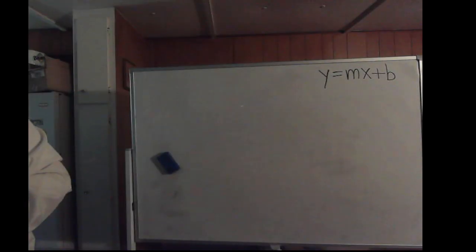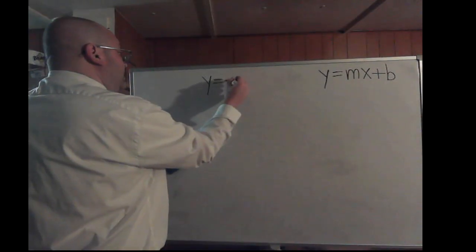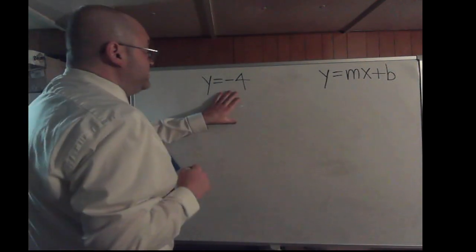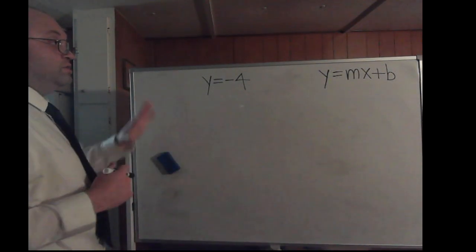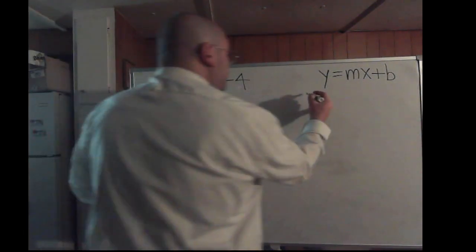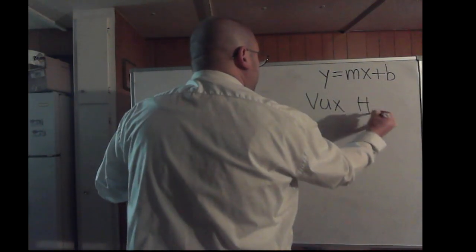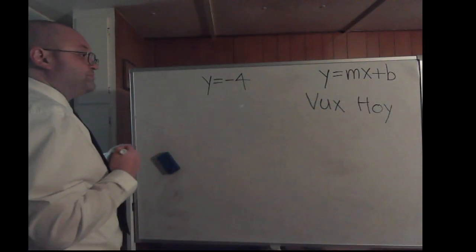Alright, 2 more. y equals negative 4. Alright, so we just got y equals negative 4. So it's just y equals. Do we remember from the past couple lessons VUX HOY? I cannot emphasize VUX HOY enough.